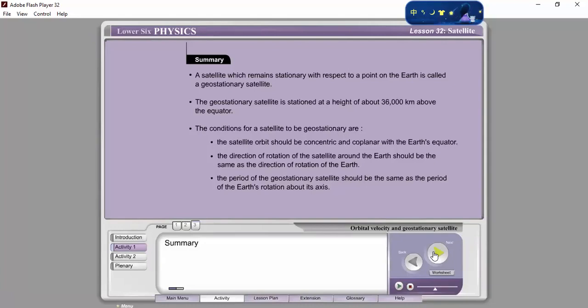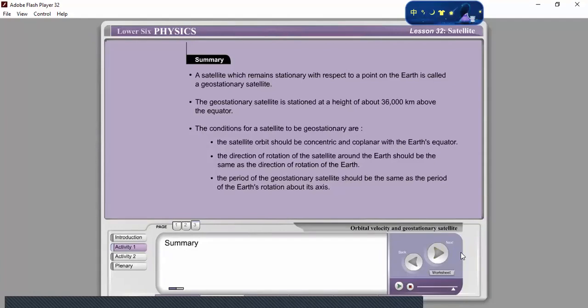The conditions for a satellite to be geostationary are: the satellite orbit should be concentric and coplanar with the Earth's equator. The direction of rotation of the satellite around the Earth should be the same as the direction of rotation of the Earth. The period of the geostationary satellite should be the same as the period of the Earth's rotation about its axis.